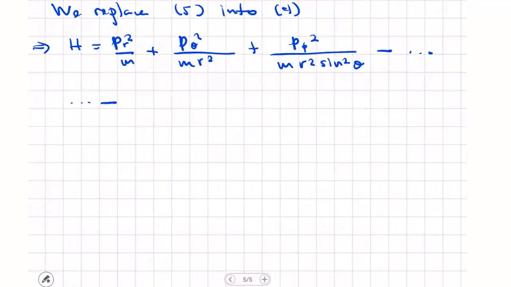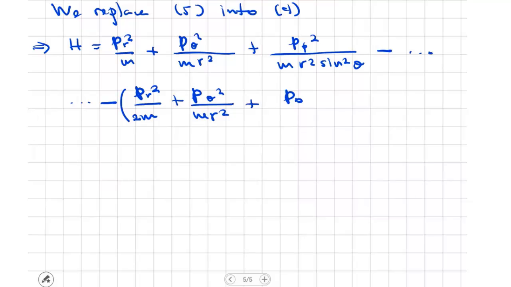So we get p_r squared divided by 2m plus p_theta squared divided by m r squared plus p_phi squared divided by 2m r squared sine squared of theta. Okay, we write it like this, minus, here is plus the potential V(r).